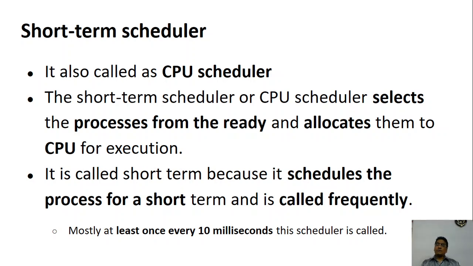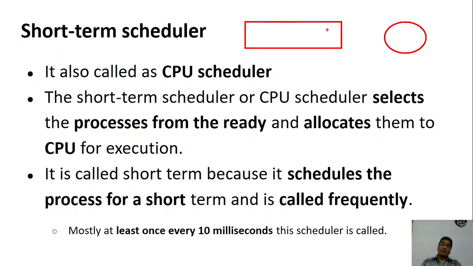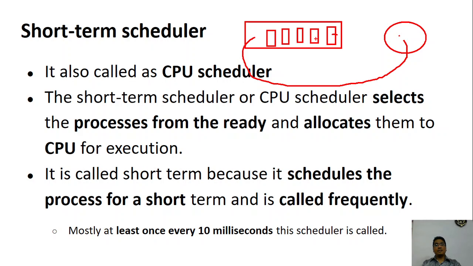What is the short-term scheduler? The short-term scheduler is also called a CPU scheduler. Now we know that some processes will be there in the ready queue, and the CPU will select them, and they start working, and if there is an interrupt they will come back to the ready queue. So at an instance of time, there will be many processes waiting in this ready queue, and which one has to be taken from the ready queue?